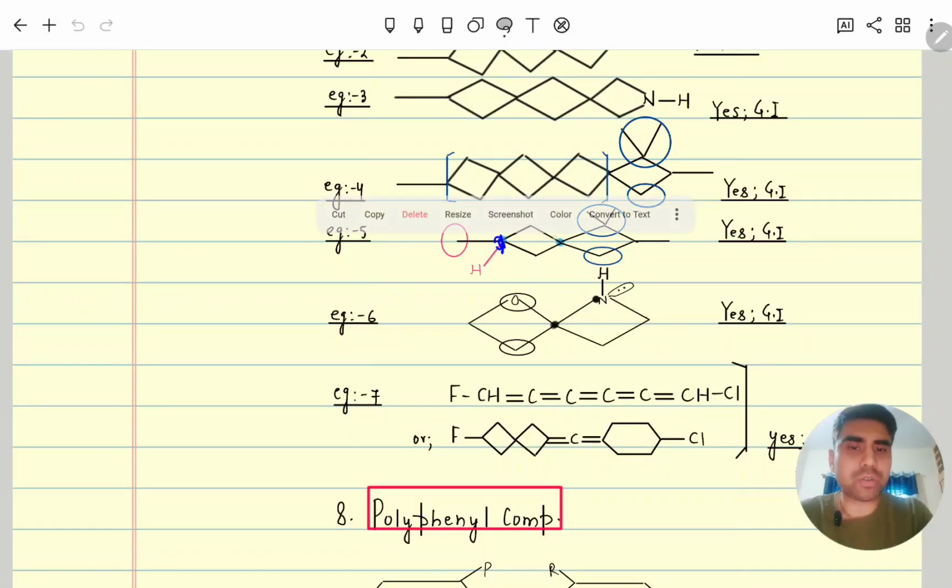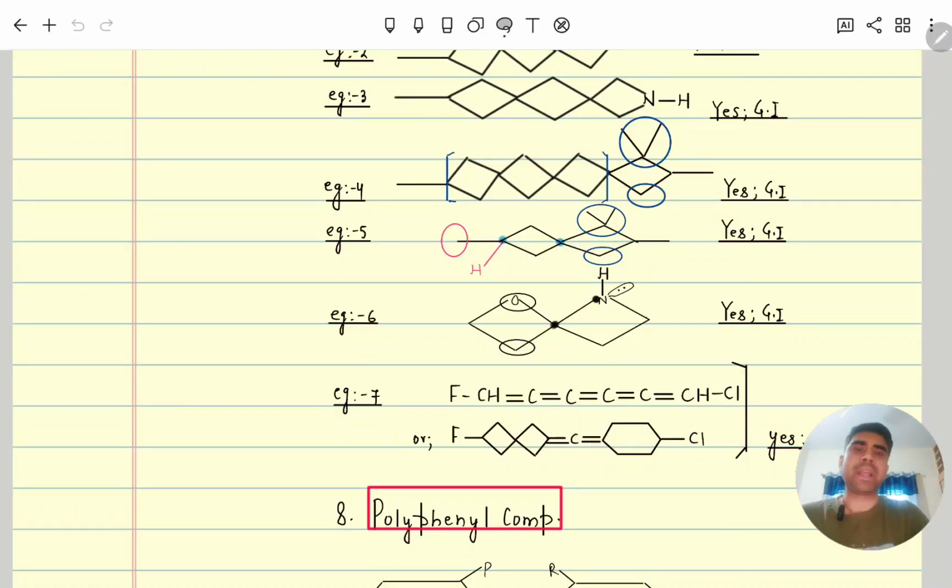Here, restricted rotation with respect to this one is different, and this one is different, and this is in plane. So yes, GI. Similarly with respect to this, here oxygen and carbon, and on this side, or we can say, oxygen and carbon is there, and with respect to this restricted rotation, hydrogen and lone pair is there.